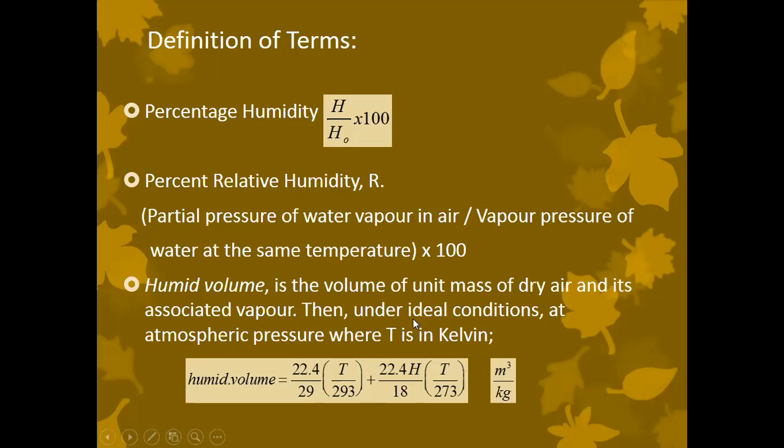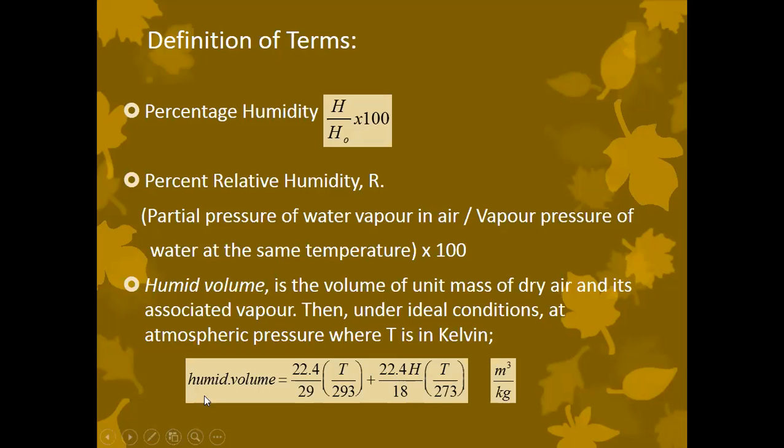Then under ideal conditions, if this one is impossible for you to determine or hard to read from the psychrometric chart, because actually what we have in the psychrometric chart is also the specific volume, then you can solve this particular humid volume based on this formula. You can see here that everything are constants except for the temperature. So all you have to do is substitute the temperature and the humidity.